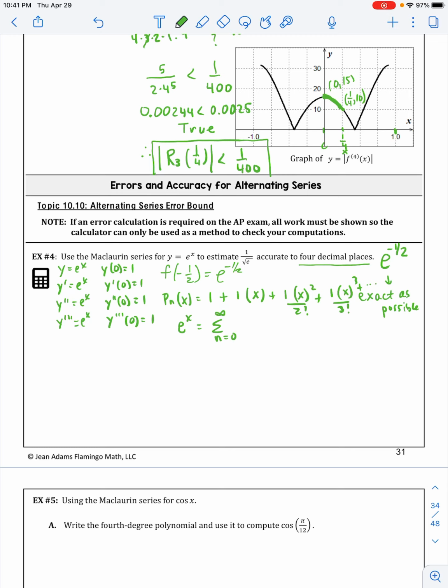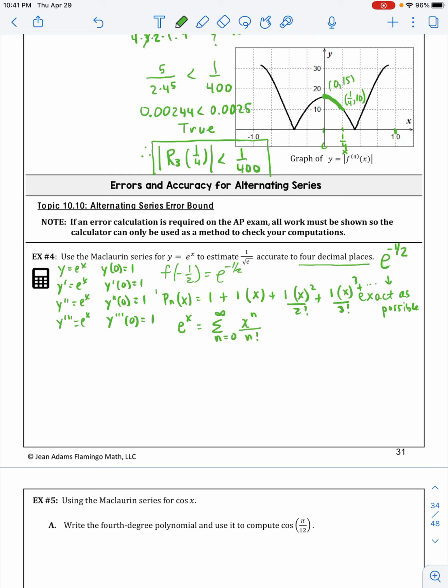Okay, and if you wanted to write this as a summation, our e to the x is equal to the summation. We could say n equals 0 to infinity, because we want the first one to be 1, and we could say x to the n over n factorial, because 0 factorial is 1, so that'd be 1 over 1.